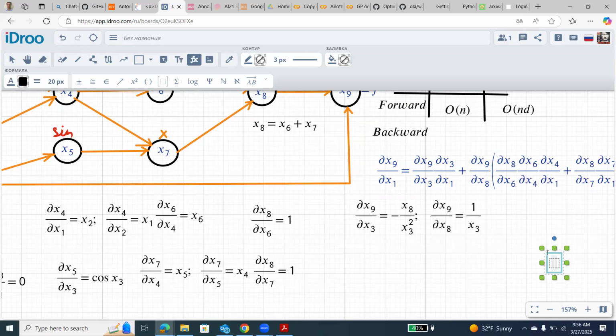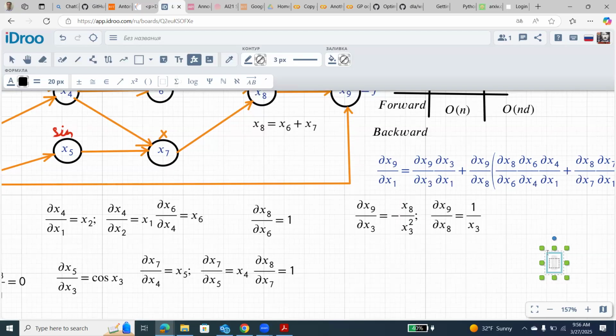So again, we will perform n operations. But the only difference will be in these terminal nodes, if we take derivatives with respect to x1 or with respect to x2 or with respect to x3. So in other words, except the last multiple in this derivative, we will reuse these derivatives.